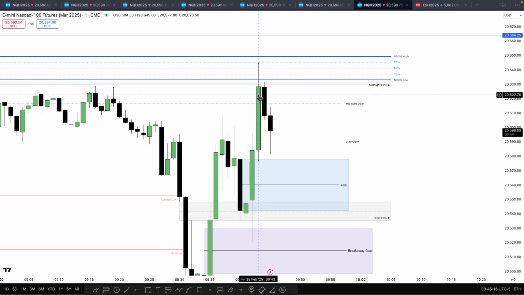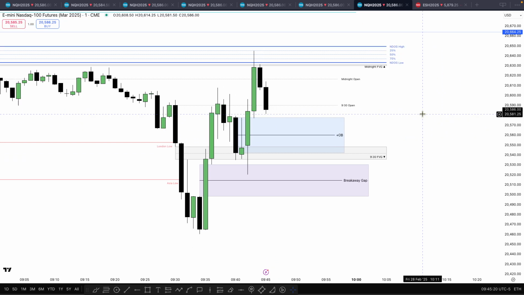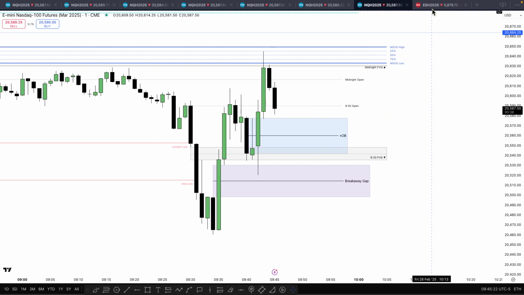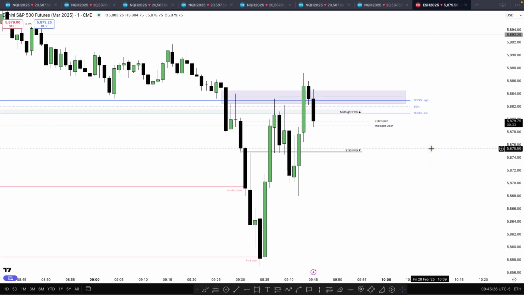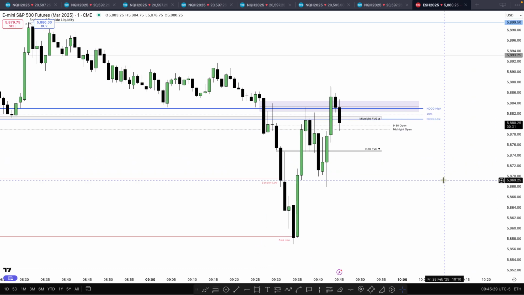It fell a tick short, 2 ticks short of the upper quadrant there. It's 945.